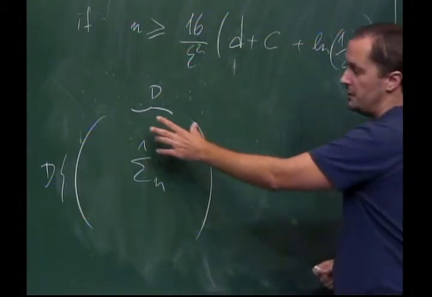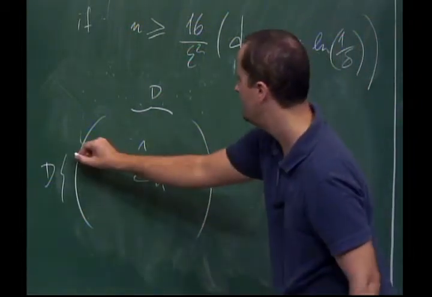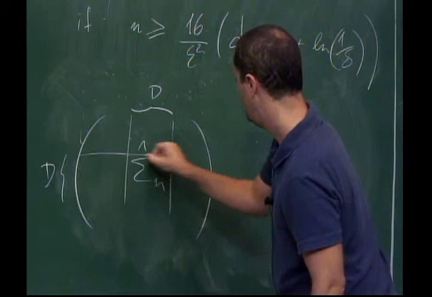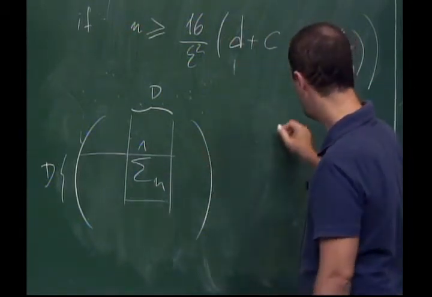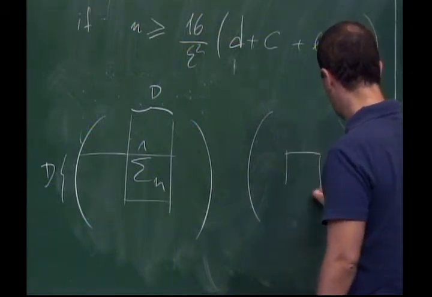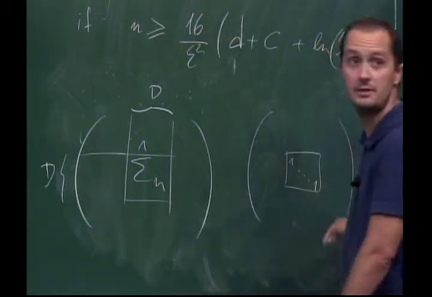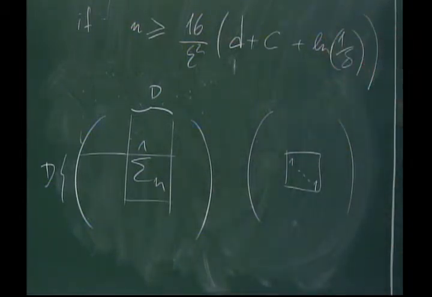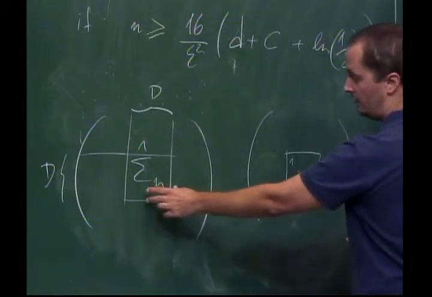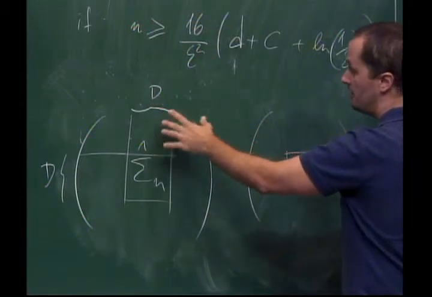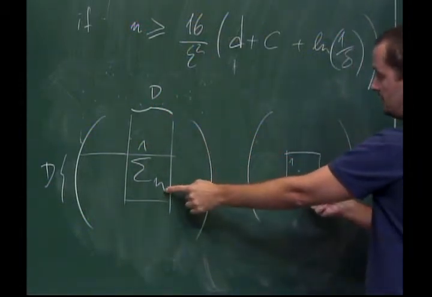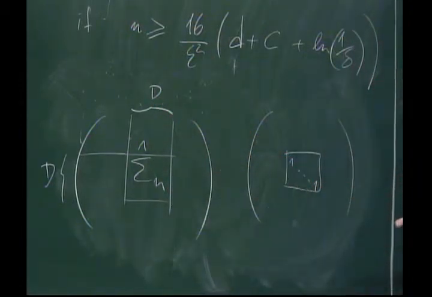I make everything outside of this square equal to 0. And I want to prove that this is close to a matrix where I have a diagonal of 1s here, and the rest is 0. So it should be clear that you don't really need to compute the distance between the full matrices. You just need to compute the distances between the blocks here.